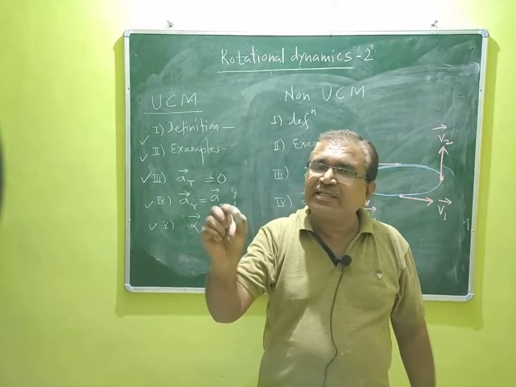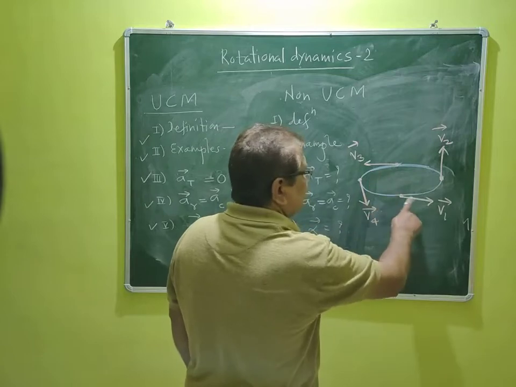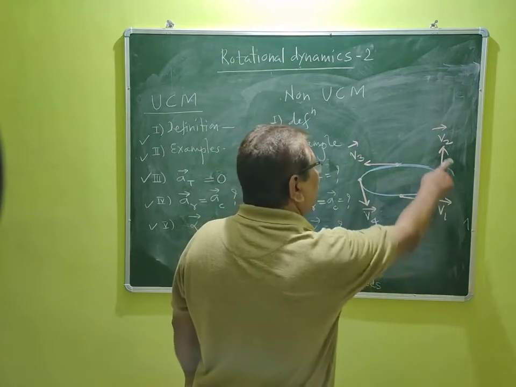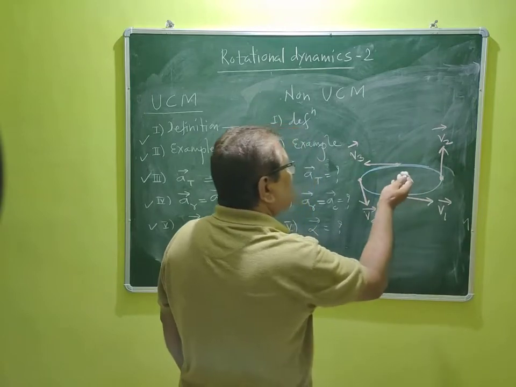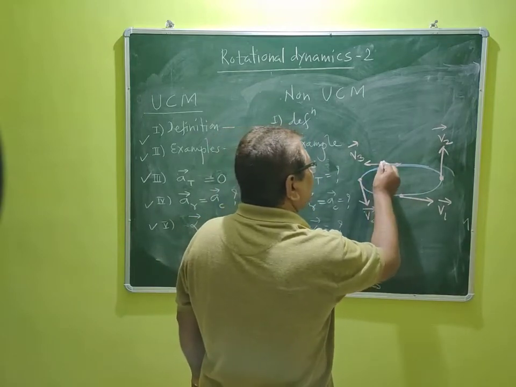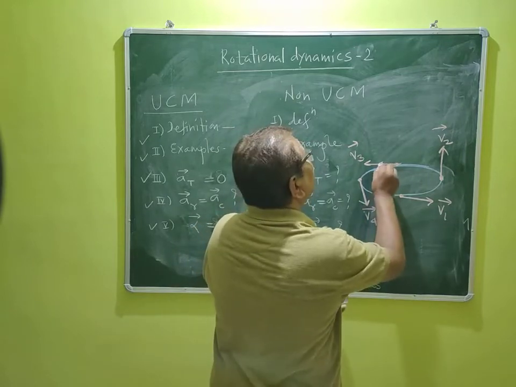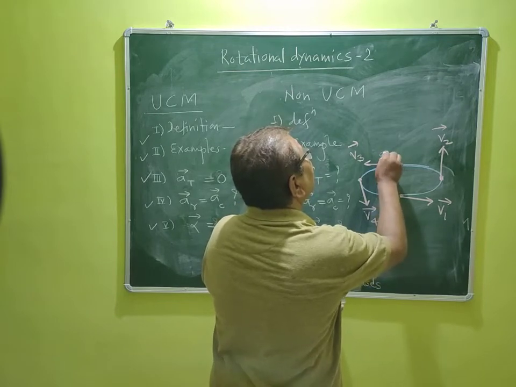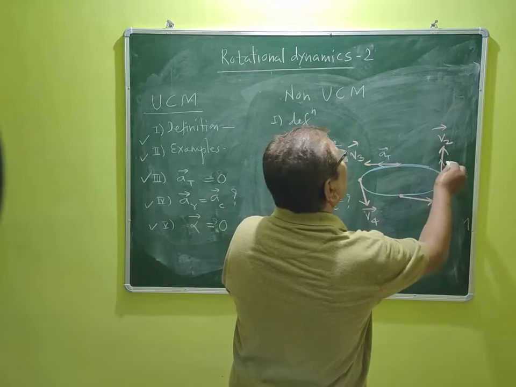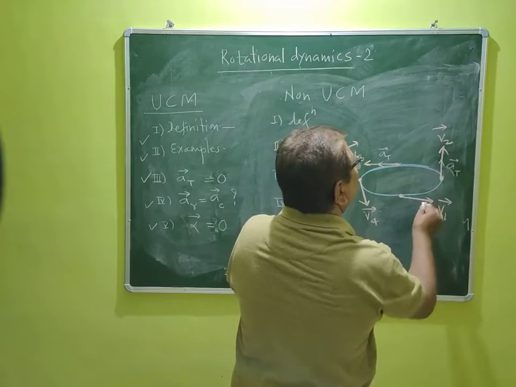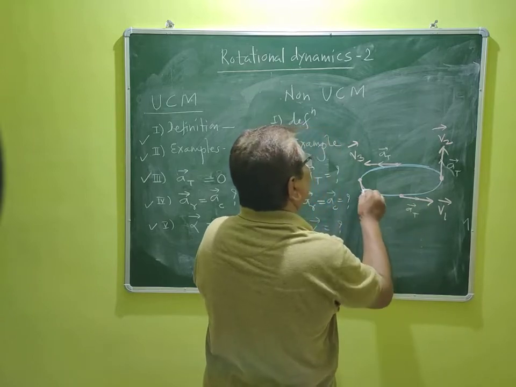In both the cases, the direction of the velocity also changes and its speed also changes. If the speed increases, at that time the direction of the tangential acceleration is along the direction of velocity like this. If the speed goes on increasing continuously, then the tangential acceleration is along the direction of velocity.